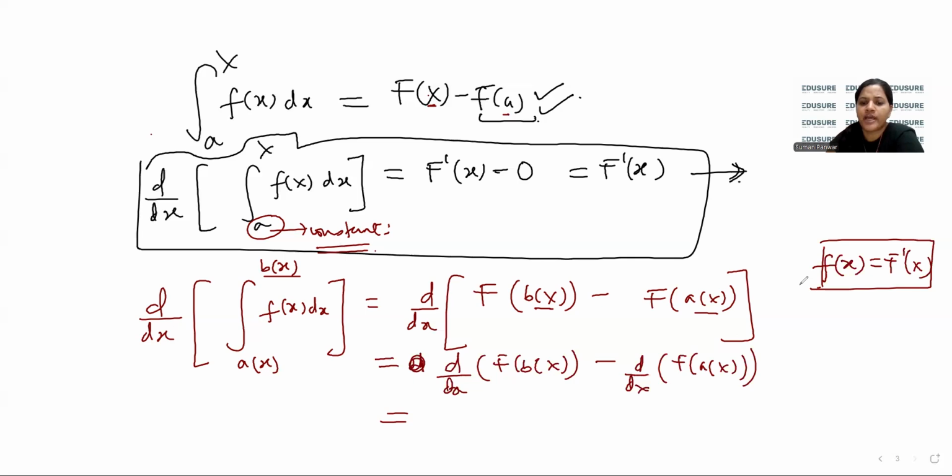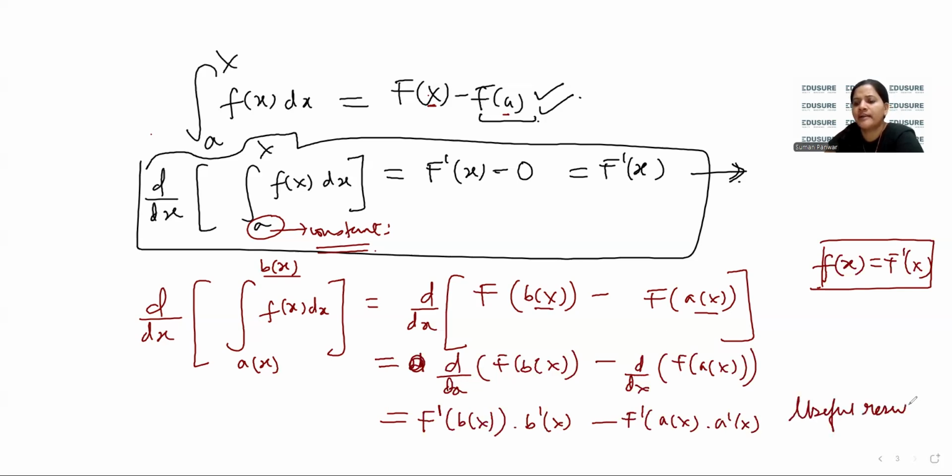So we will get f dash b(x) times b dash x minus f dash a(x) times a dash x. So these are very useful results which can directly help us in obtaining answers to questions whenever we have this kind of differentiation involved.